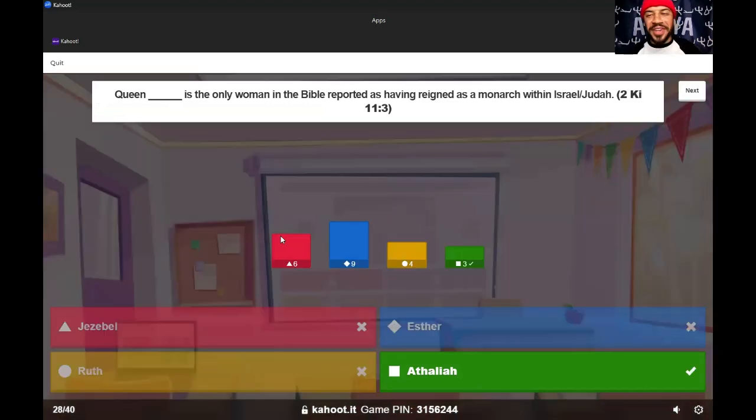Ooh, we haven't got to this part yet in our reading. And it shows. As a monarch, as a sole leader, we know Esther was a queen, but that didn't mean that she was a sole ruler. Let's go to 2 Kings 11:3.